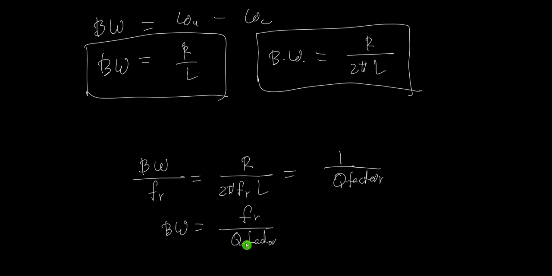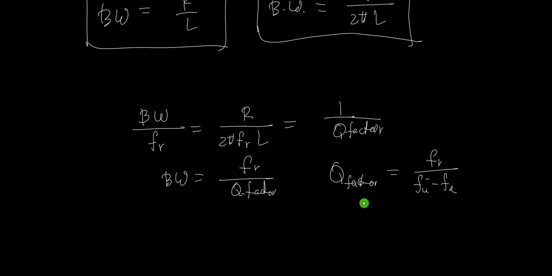And if I want to solve for the Q factor in terms of the bandwidth, then I just need to get F of R all over the bandwidth, and bandwidth in terms of the frequency here will be F upper minus F the lower cutoff frequency.